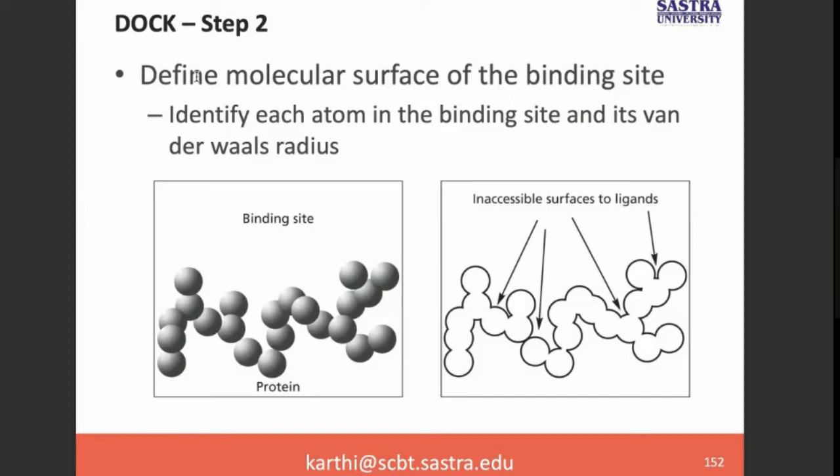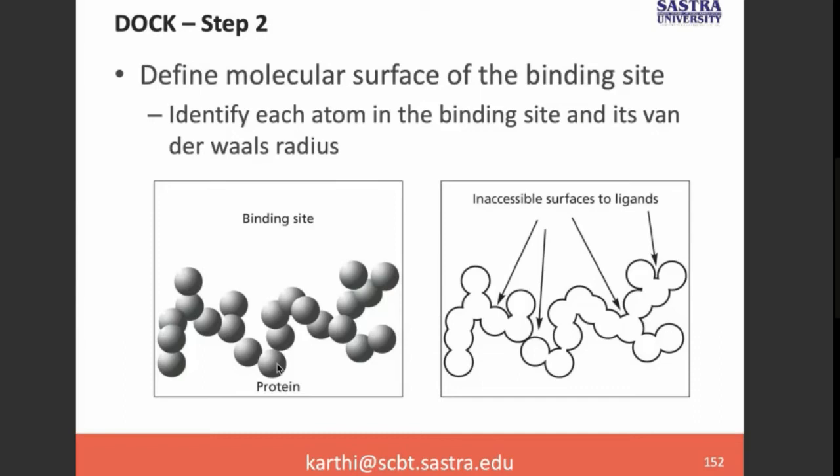So for that, what all the algorithms, or UCSF, normally do is identify each atom in the binding site and calculate the van der Waals radius of each atom. Here you can see the various atoms of the amino acid, and it calculated the van der Waals radius of each atom.